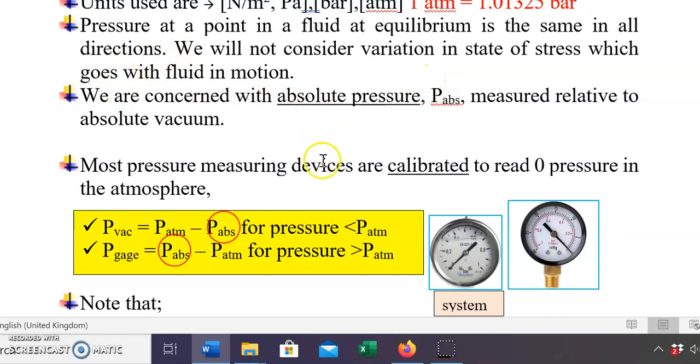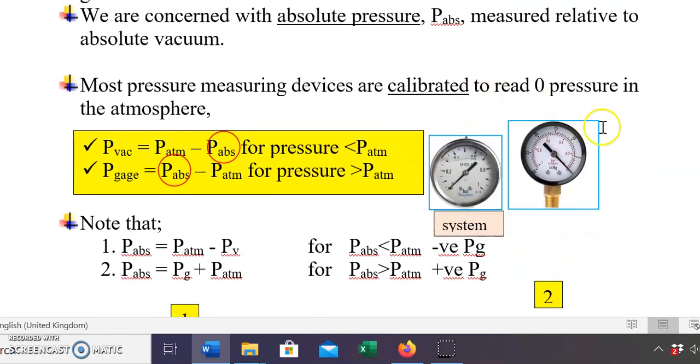Now in thermodynamic analysis, we are concerned with absolute pressure. For any analysis performed on a thermodynamic system, you need the absolute pressure, which is measured relative to absolute vacuum. Most pressure measuring devices, however, are calibrated to read zero pressure in the atmosphere.